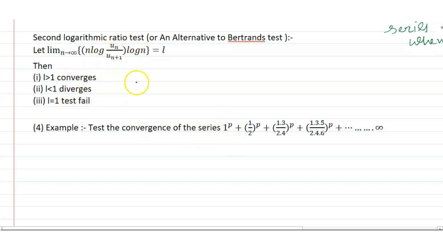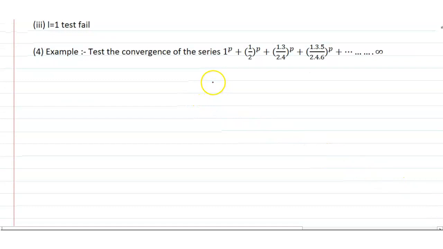You have to remember u_n is also a positive term, must remember, and same case: L greater than 1 convergence, L less than 1 divergence, L equals to 1, the test fails. Now you see that 1 by 1 to the power p, 1 by 2 to the power p, this type of problem.